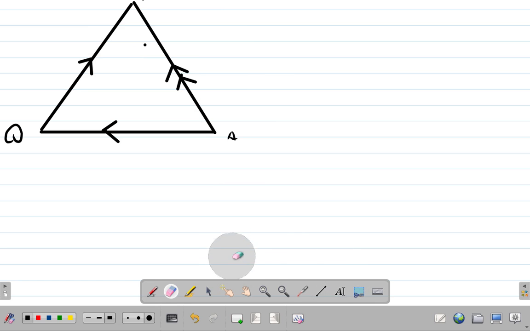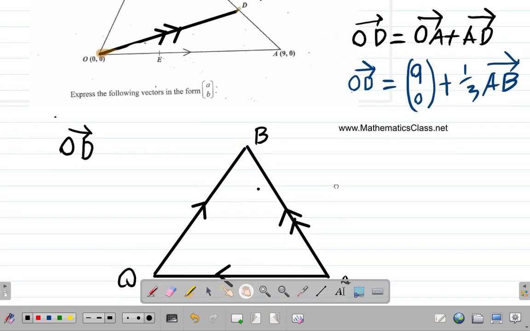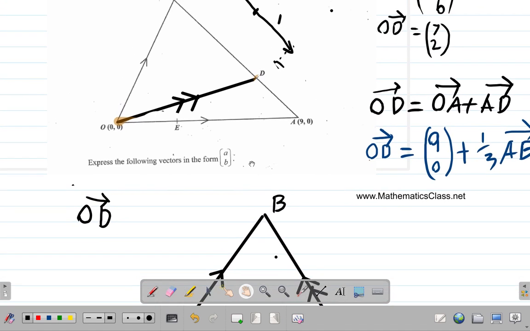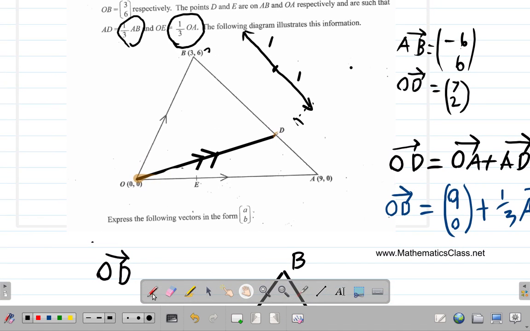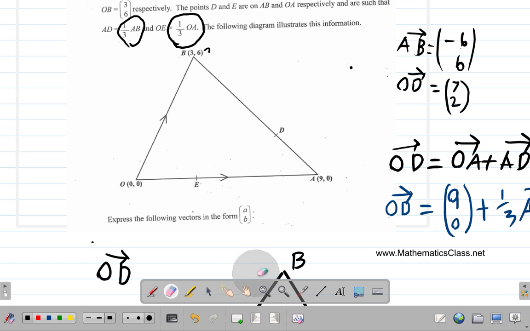Here, we're going to be finding BE. Where is BE? BE is this vector. Let's erase what we have here. Then highlight BE. We're going from B to E. This is the vector we want to find.